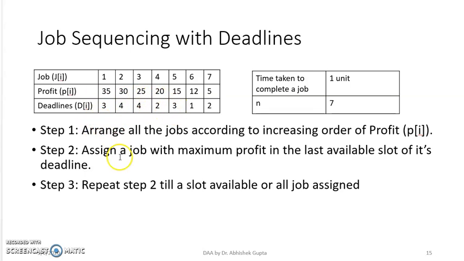The second step is to assign the job with maximum profit in the last available slot of its deadline. Whatever deadline is given, you will assign that job in the last available slot. The third step is that the second step is repeated until no slot is available or all jobs are assigned. So we see this problem by using these three steps.